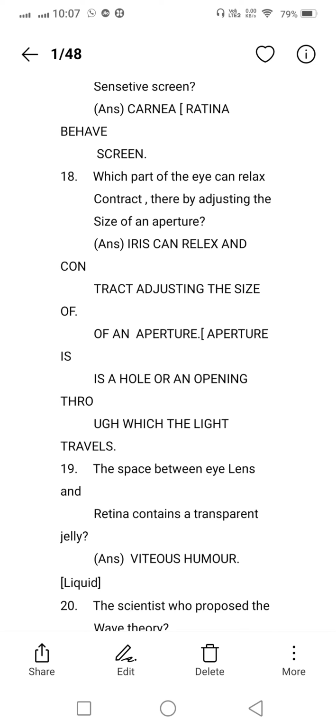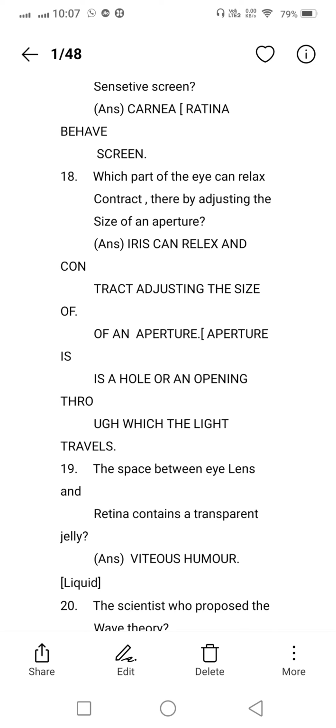Today we will discuss the light lesson. Some of the students are requesting that the important bits be given lesson-wise.